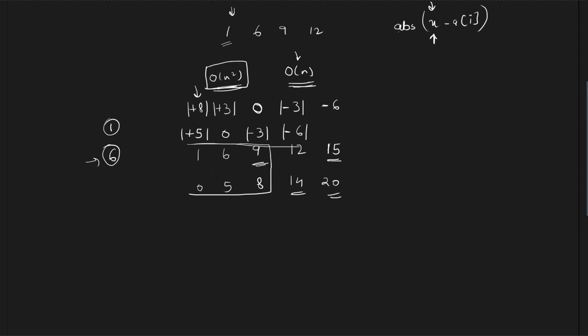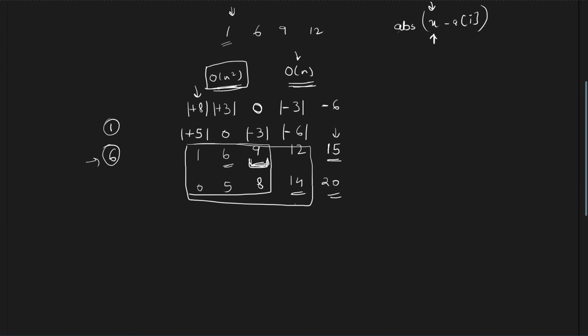If I have already computed for 1, 6, 9 and 12 and the middle element was initially 6, and when I include 15 the middle element changes to 9, the answer does not change because the new element that I am taking is still from the same list and it is present inside the list. So on an individual level the answer might change, but if I take them as a group, the whole thing, the answer does not change.